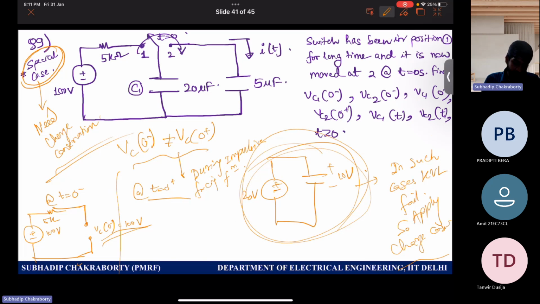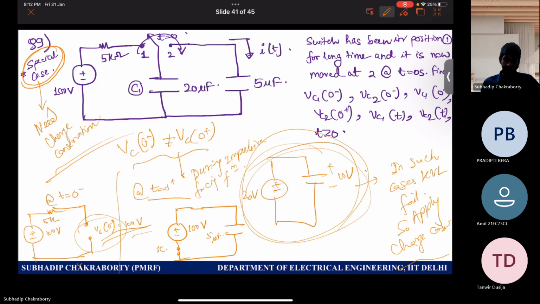Now once this is in charged position, I shift to 2. So the capacitor should be modeled with open. Since this capacitor had an initial voltage of 100 volts, I give a strength of 100 volts in series with a short circuit, assuming zero initial condition, and 0 voltage means short. Then it has again 5 microfarad, which was initially not charged.